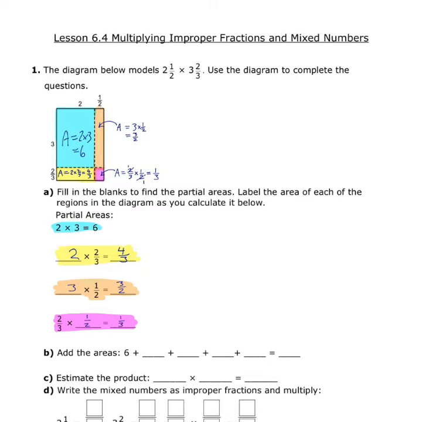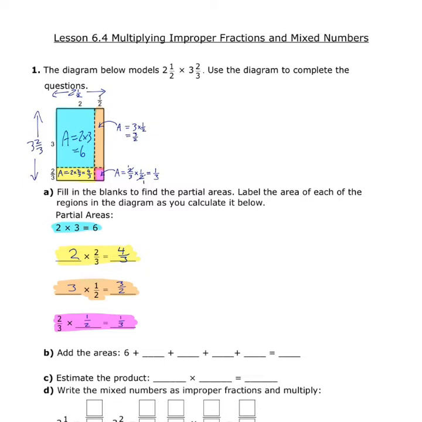Again, the rectangle overall is 3 2/3 tall by 2.5 wide. Okay, so when we do that multiplication, we'll get an answer which comes from these 4 partial areas.